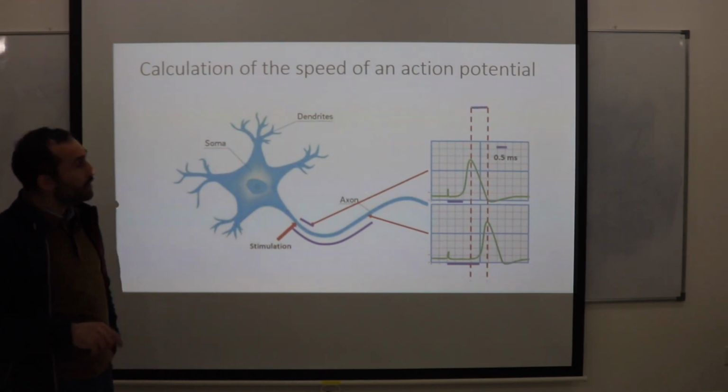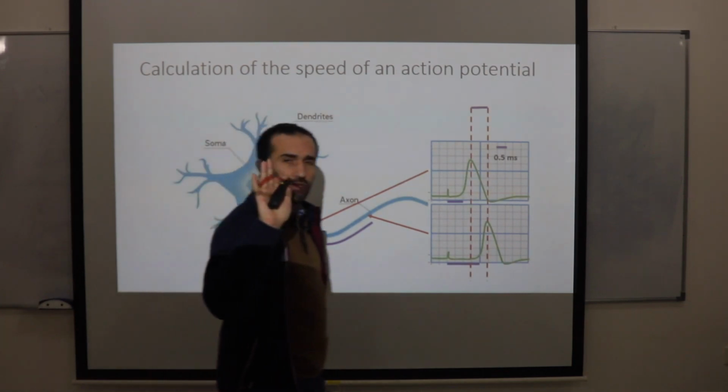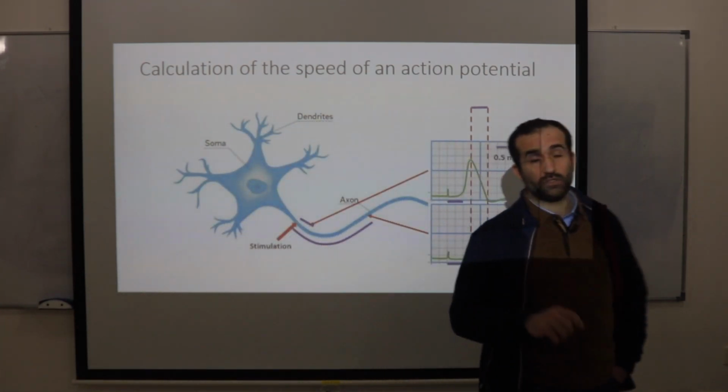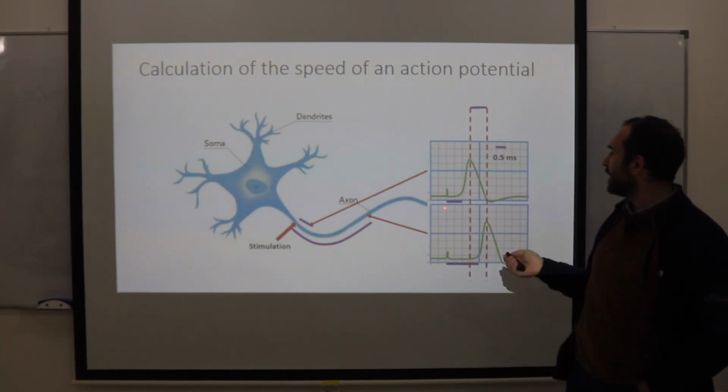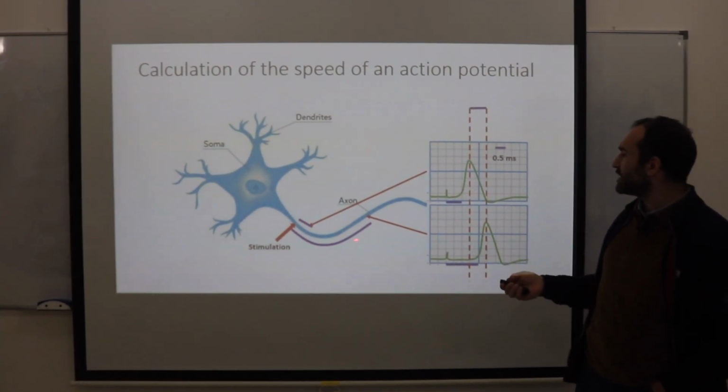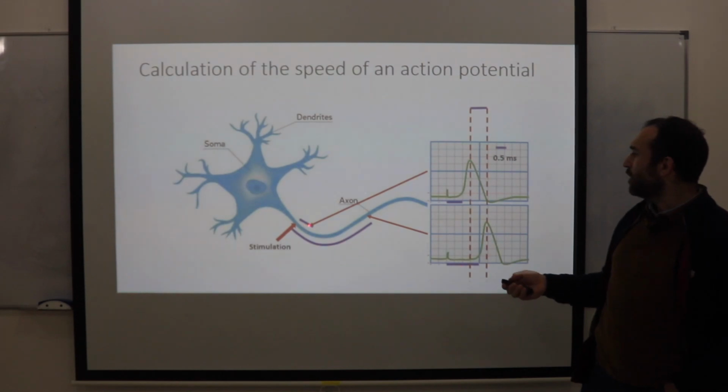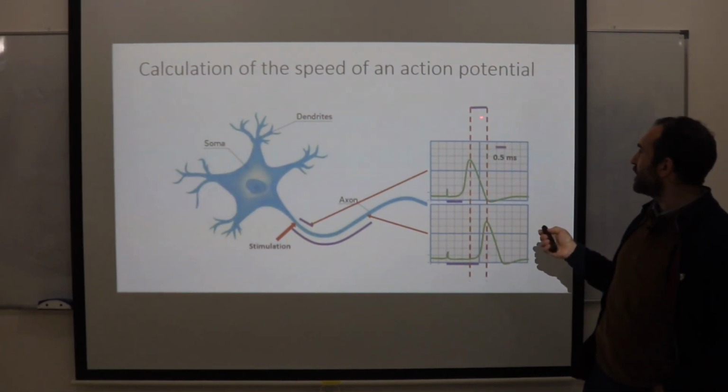So you have three ways to calculate the speed of the action potential if you have two oscilloscopes. You can calculate it from the distance of the first oscilloscope and its time, the distance of the second oscilloscope and its time, or the distance between the two oscilloscopes and the difference of time between them.